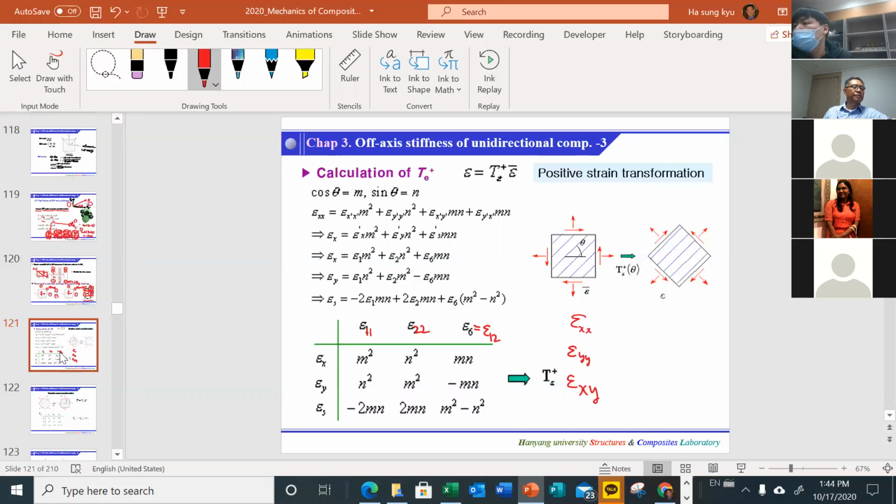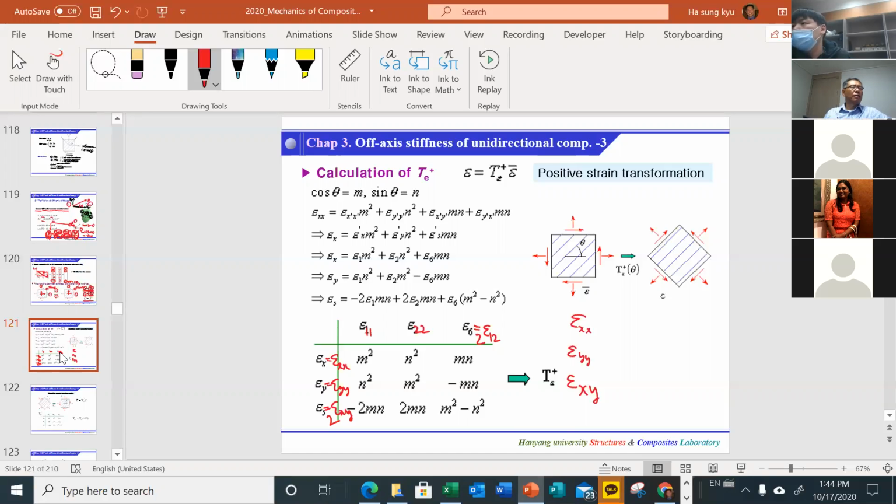Right? And this one is epsilon xx, and this is the same as yy, and this is epsilon xy, but twice of this.